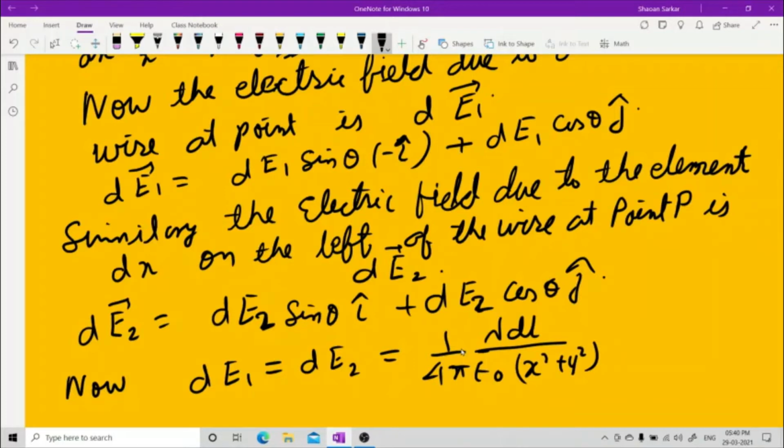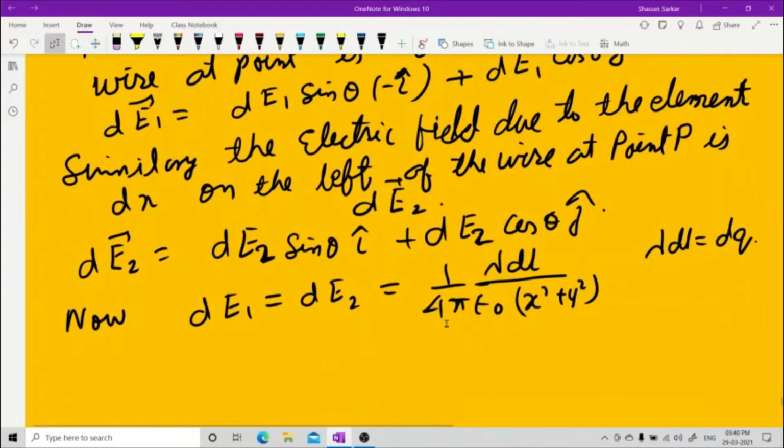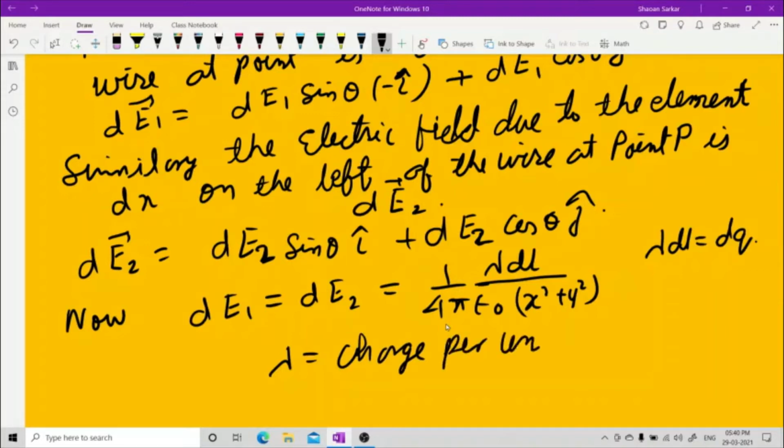Because lambda dl is nothing but dq, and lambda is the charge per unit length of the wire. So dl, or you may write dx, no problem, that's your choice.